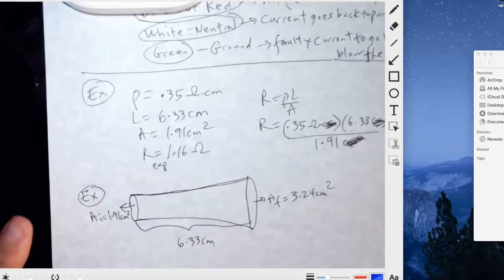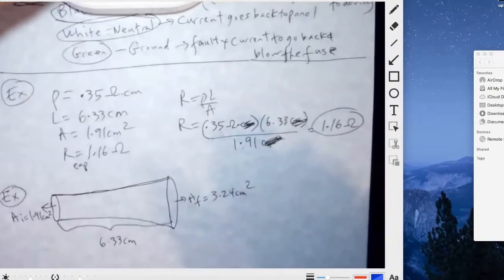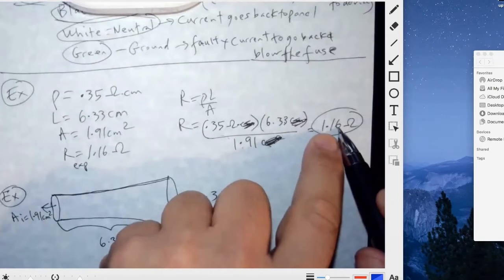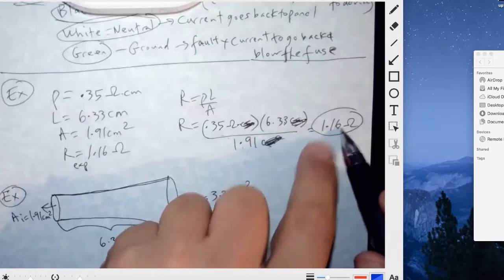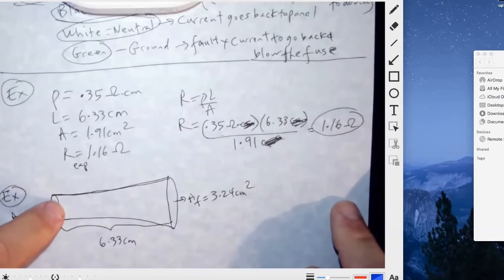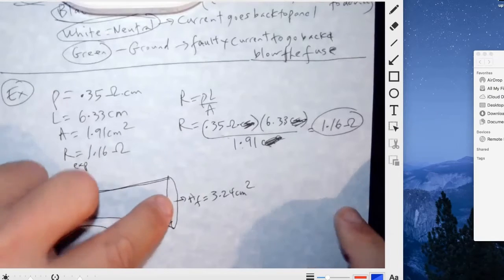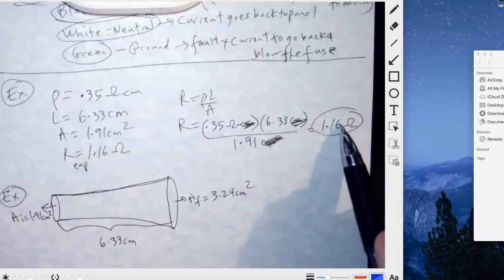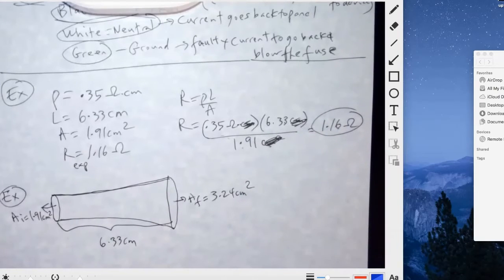Okay, so now what would its resistance be? Would it be smaller than this or bigger? If the opening is getting bigger, if the area is getting bigger as you go, would it be a smaller number than this or a bigger number? How many would say smaller?